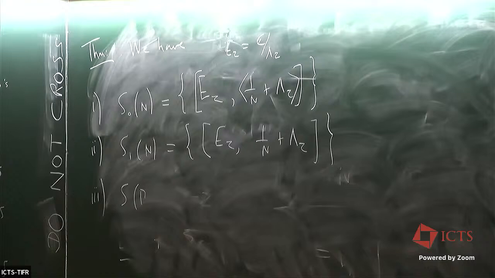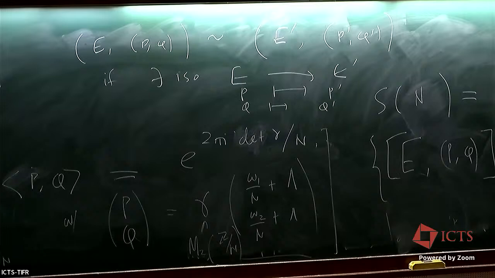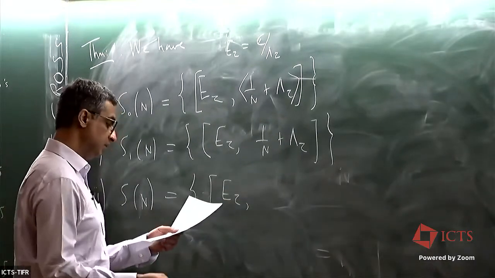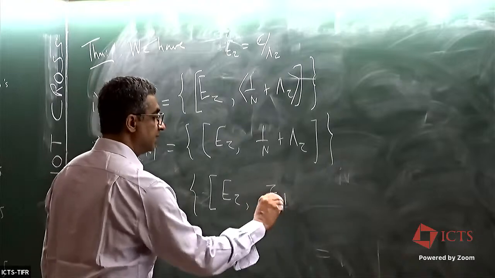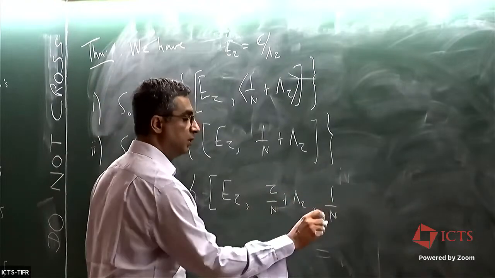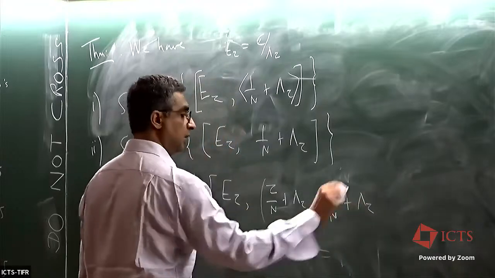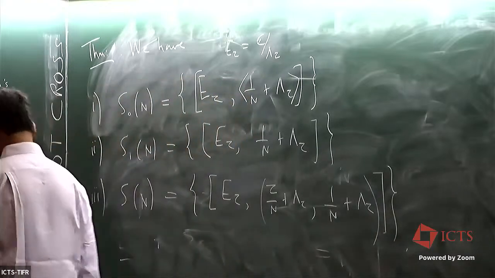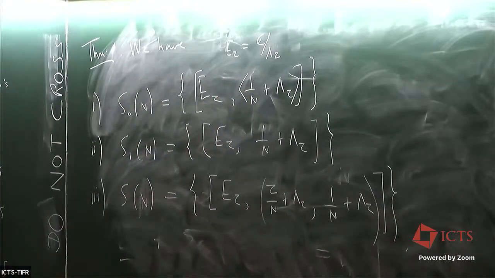I don't know what's there in Diamond Shurman, but probably Sn, just to keep the notation consistent. So S of n is given by, again, E tau, and now two canonical points, tau over n plus lambda tau, in this order, and 1 over n plus lambda tau. You can always find a representative of a particular kind. Okay, that's the first part of this theorem.